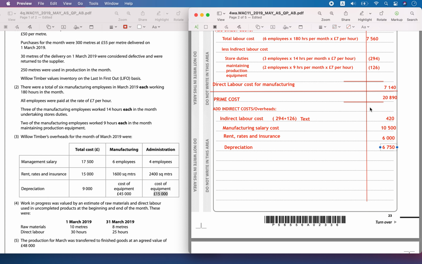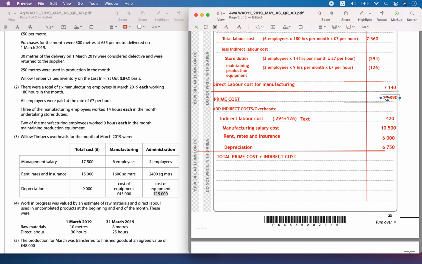Now let's add up the prime cost to get the total cost, total of direct and indirect costs. Total prime cost plus indirect cost.